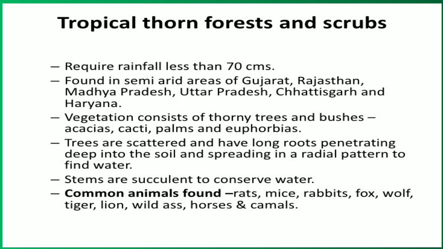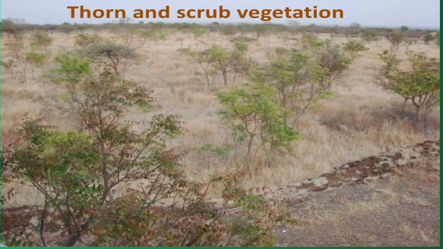Common animals found here: rats, mice, rabbits, fox, wolf, tiger, lion, wild ass, horse, and camel. I think you are all familiar with these animals, because you can see these types of animals in your area. These are the thorn and scrub vegetation.